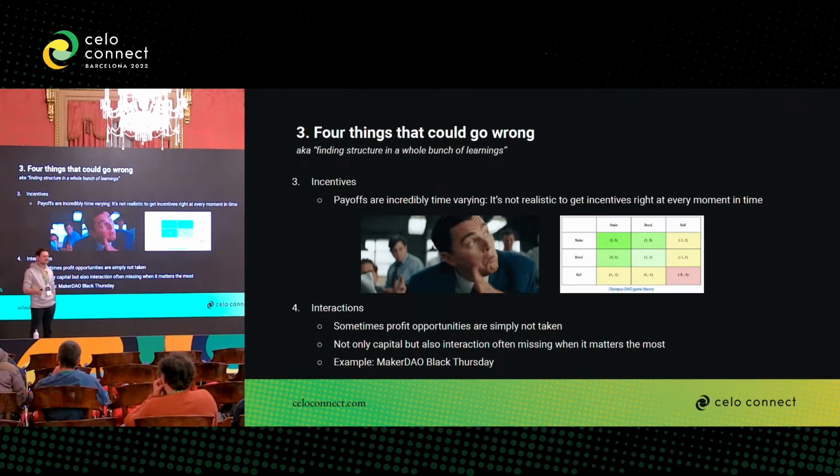So even if the incentives are right and liquidity and collateral is there, you just need people to actually do interactions and take profit opportunities at all points in time. And the dangerous thing about this part is that this will not be the case during Black Swan type of events, when the market is dry, when people have no idea what to do and maybe just do nothing.